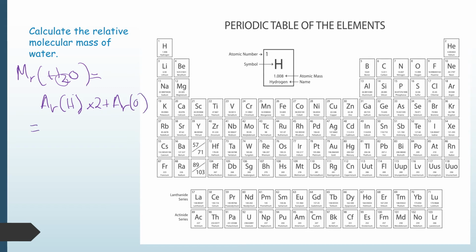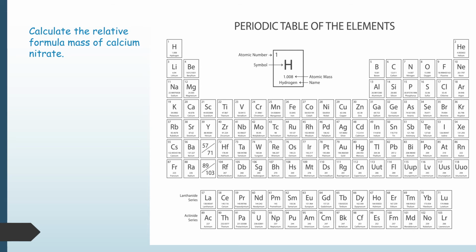Looking at this, hydrogen is 1.008 times 2. I find oxygen on the periodic table, add 16, and this comes out to 18.016.